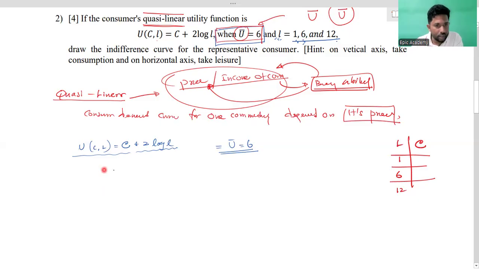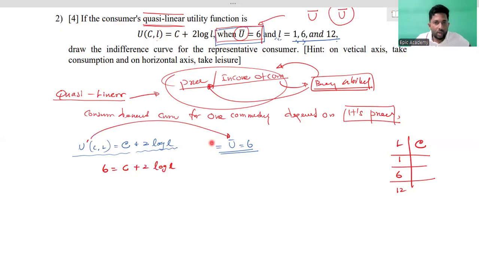That means 6 = C + 2 log L, because the U value is always 6. Are you okay with that? Because it is already said that when total utility is 6, that means the same utility value, only L changes, and according to L, how they can consume. That is what we are going to understand here.